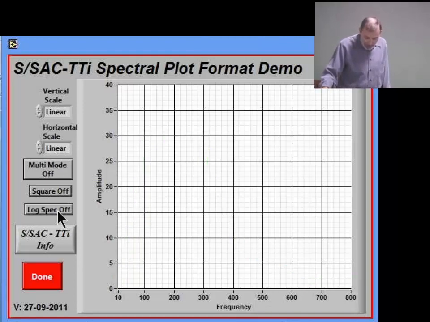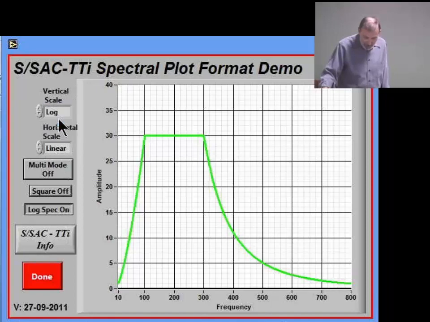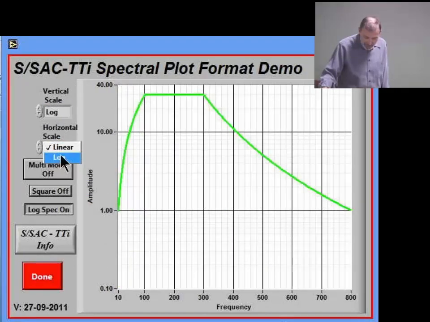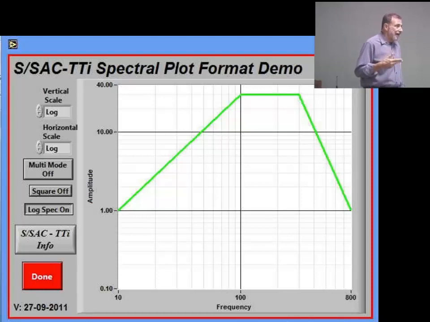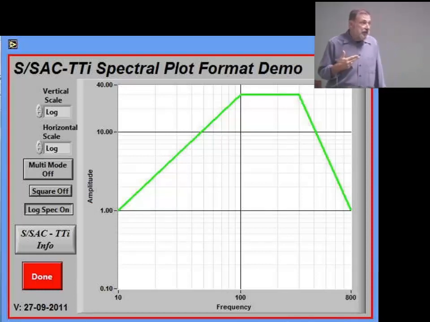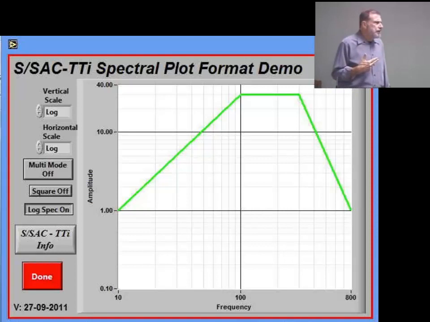So obviously the deal here is the usual thing is that your vibration PSD spec or your SRS spec that we'll talk about later is given to you in log space, and it's all straight lines. Why would anybody give you anything else?